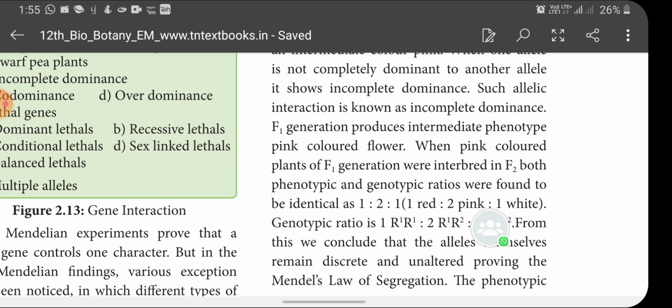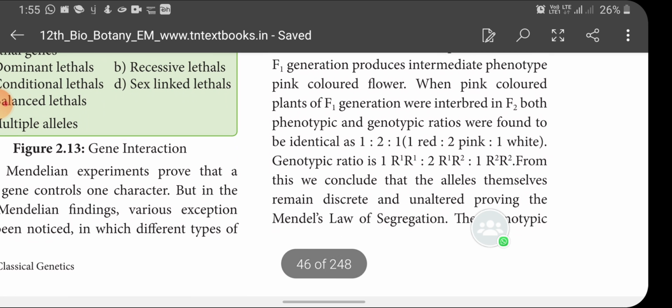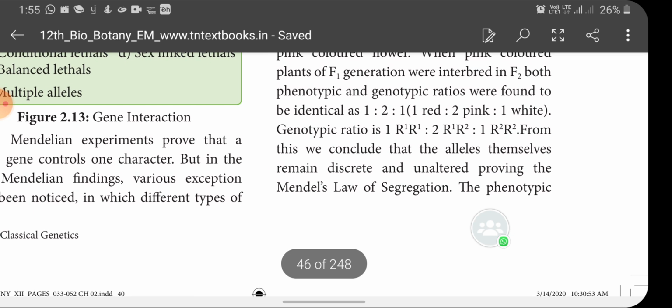But in this incomplete dominance of the Mirabilis jalapa plant, both phenotypic and genotypic ratios are the same, that is 1:2:1. As phenotype: one red, two pink, one white.